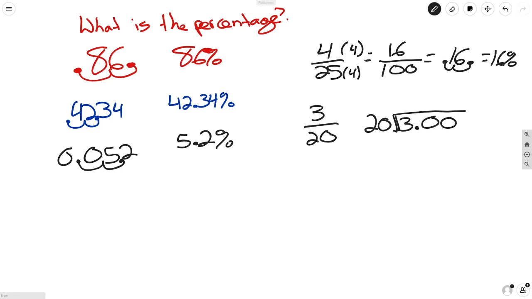I don't know if you guys remember your long division, but 20 goes into 30 one time. We subtract 20 from 30, bring down the next number, and we get 100. 20 goes into 100 5 times, and I have a remainder of 0 here.